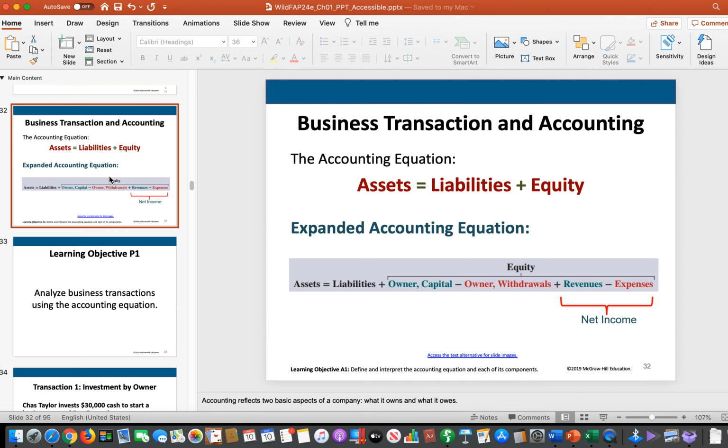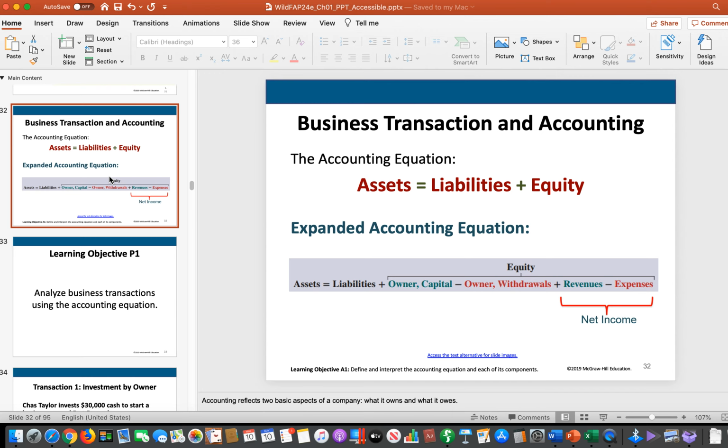The equity section is, and we're talking about a sole proprietorship, a company owned by one person, the capital that the owner put in, money the owner put into the business to start it, minus any money the owner took out for personal use, plus any revenue the company earned by selling stuff or selling services, minus the expenses.